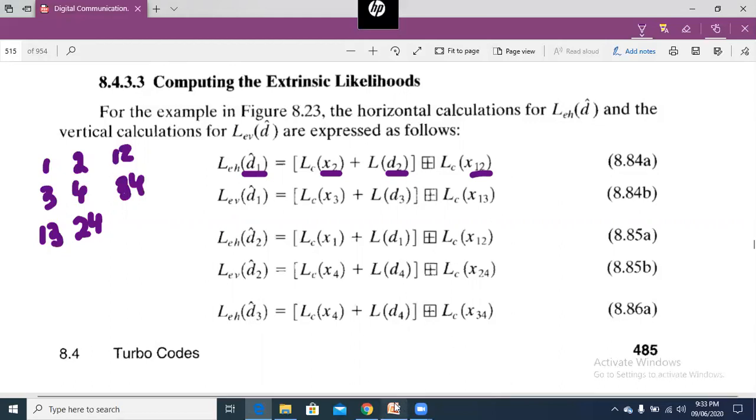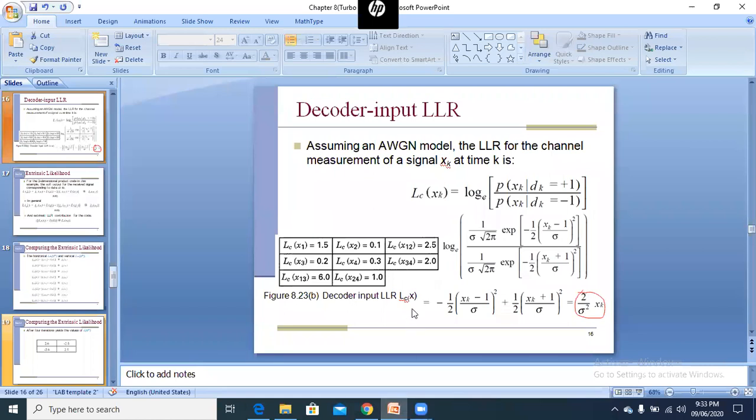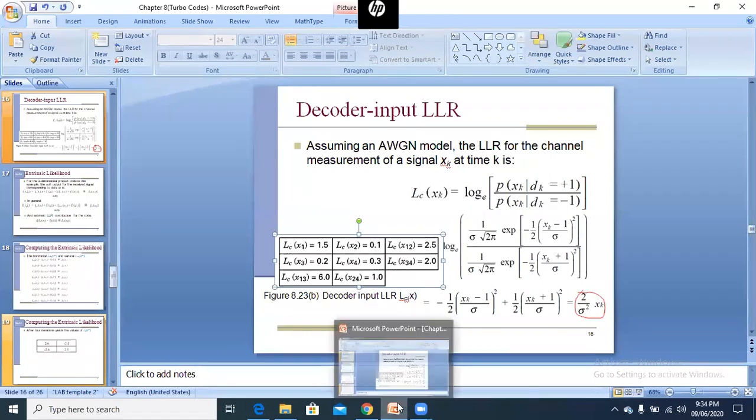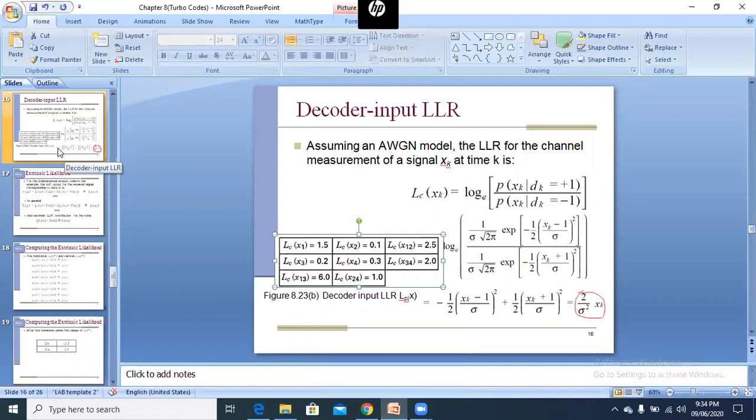So if you see here, you have the channel stats X12 here, and you have the channel stats of X2 here. This is the channel stats for X2, and this is the channel stats for X12, right? And what about LD2?